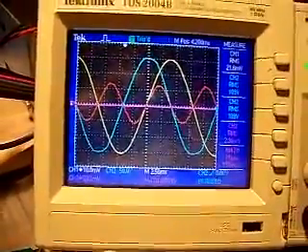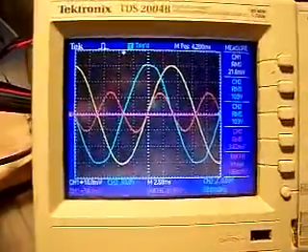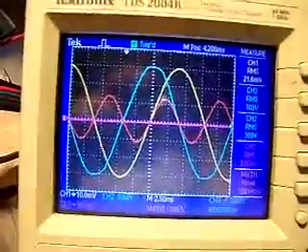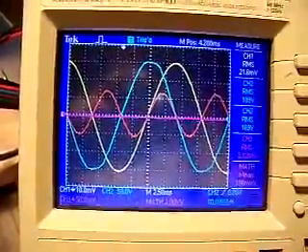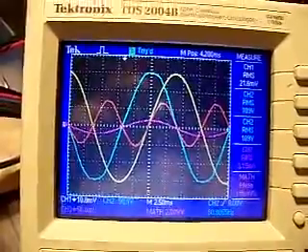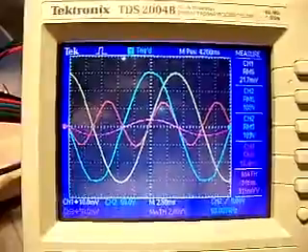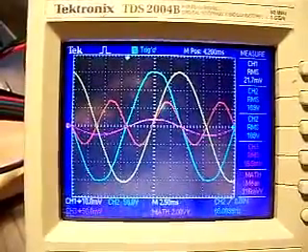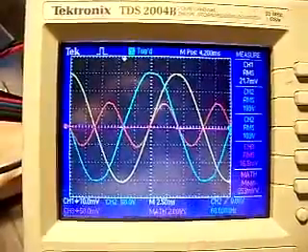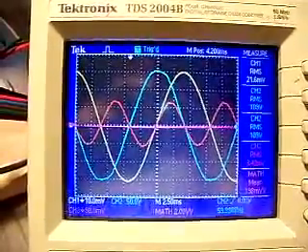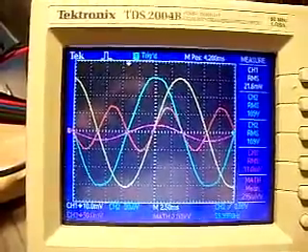So now I'm going to put the BiToroid on load. Pay attention to the current and pay attention to the power. The current in the primary increased from 21.6 milliamps to 21.7 milliamps.